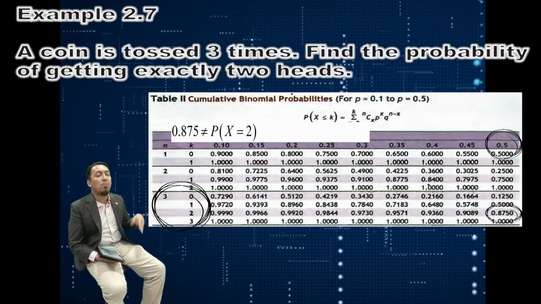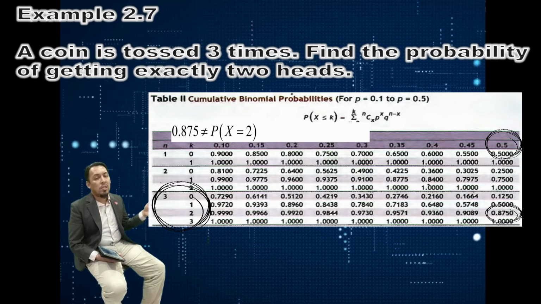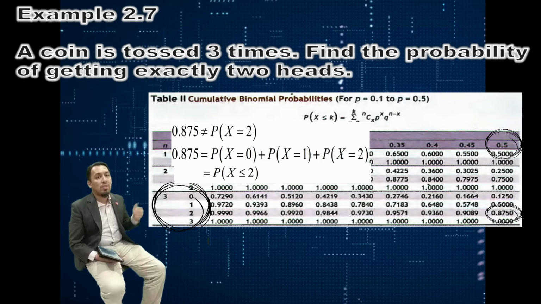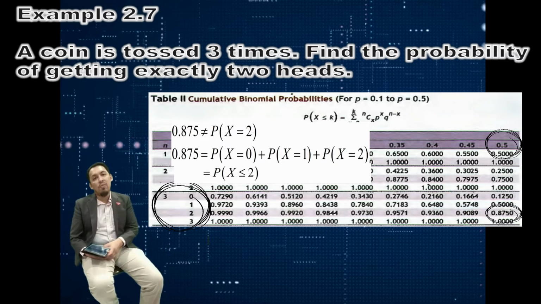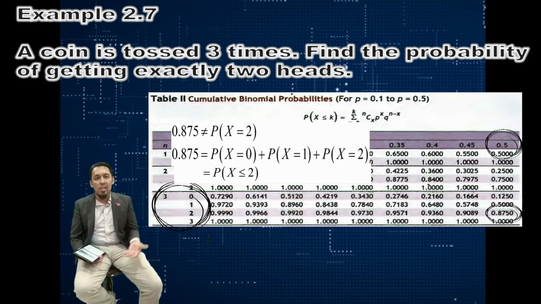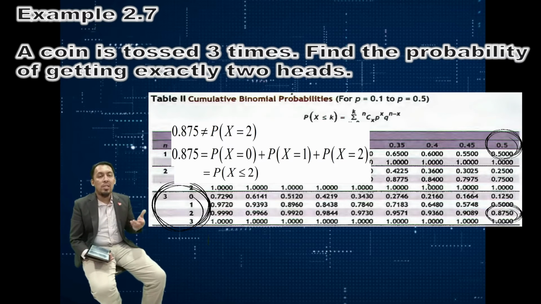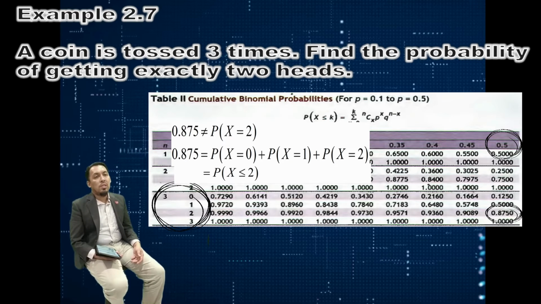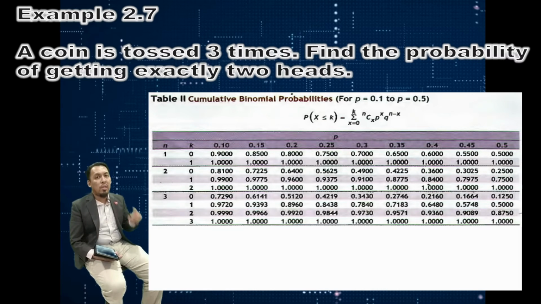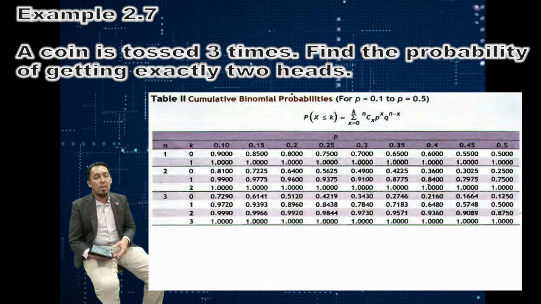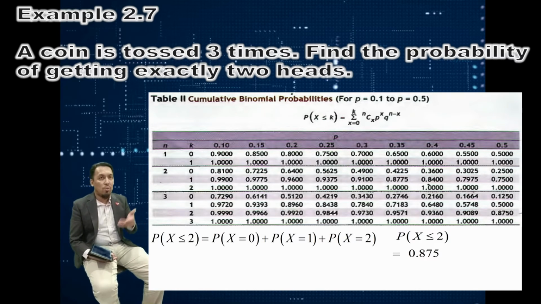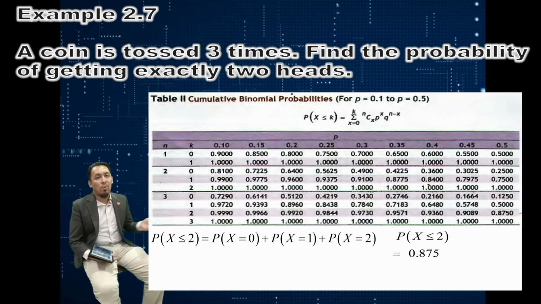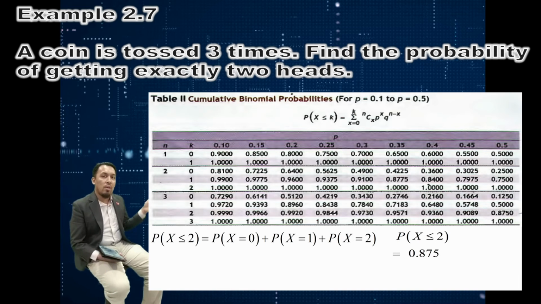It is a cumulative probability, which is the probability of X equal to 0 plus 1 plus 2, hence you get 0.875. So how do we actually get X equal to 2 by using this table? Simply take the value of x less than or equal to 2, which is consistent with the table, which is 0.875.